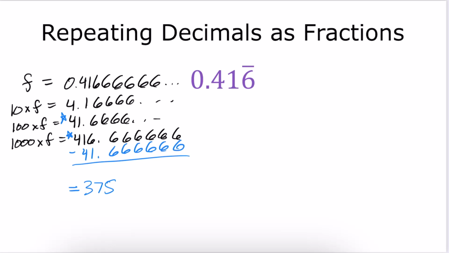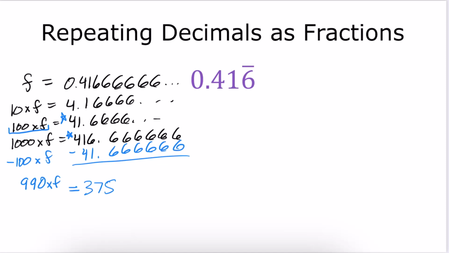However, it would be easier if rather than subtracting this infinitely long decimal, I subtracted 100 F's that are added together. So I'm going to subtract 100 times F. And if I have 1,000 F's added together and I subtract 100 F's added together, that's going to give me 990 F's or this mysterious fraction.